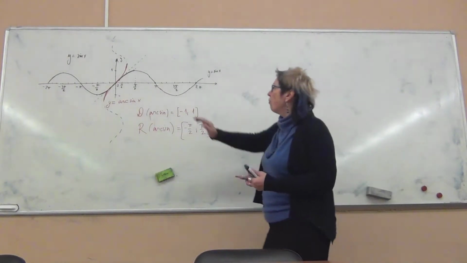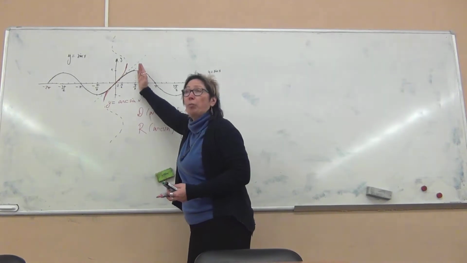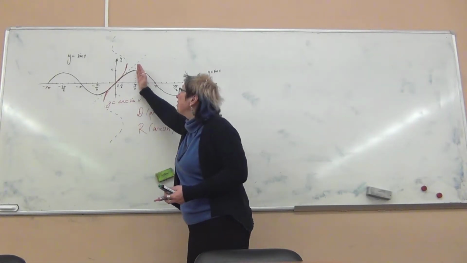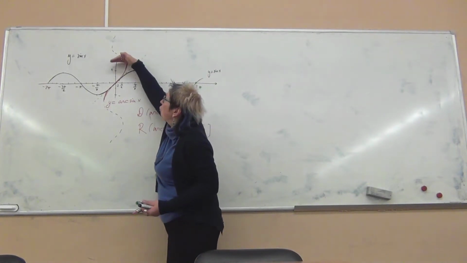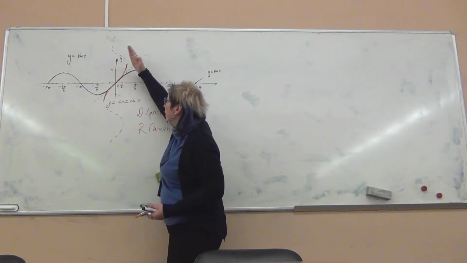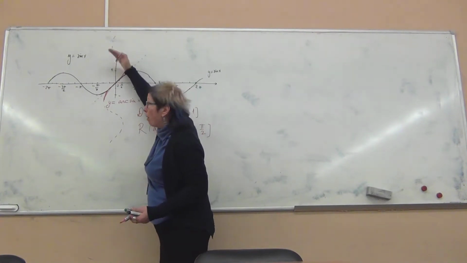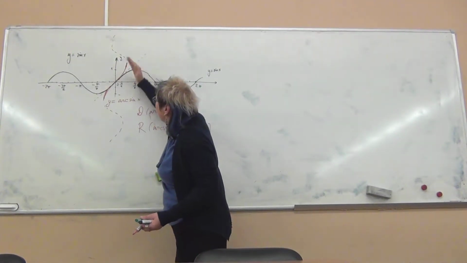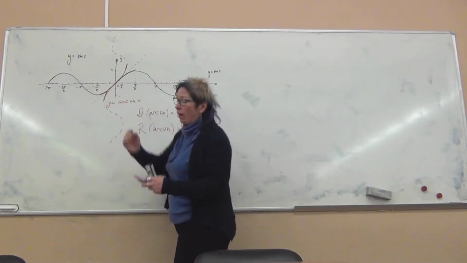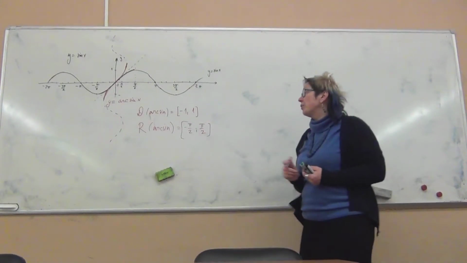I had to cut off the sine function at x is pi half. This means this is where the arcsine function range is cut off. The domain for one function is the range for the other function. Now, because I had to cut off it here, that's where my arcsine range ends.